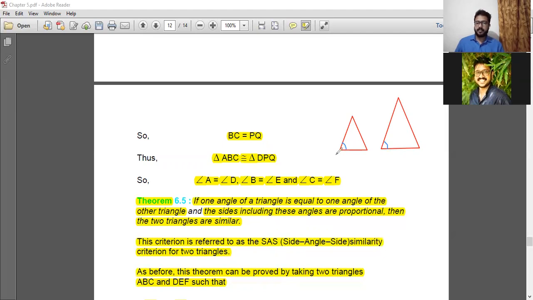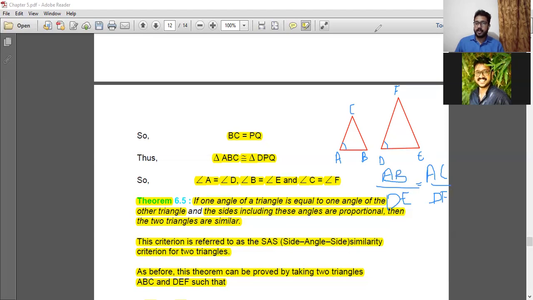Let me name these too, I think that would be better: A, B, C, D, E, F. Then if one angle is equal, and the sides including that angle are proportional, meaning AB by DE should be equal to AC by DF.